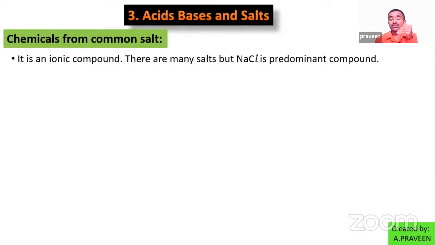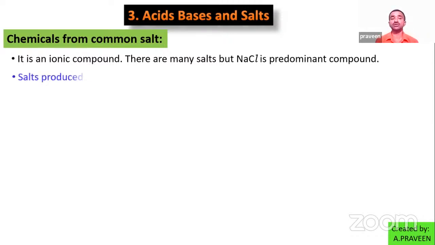There are many salts produced from the common salt, as mentioned in activity number 15: magnesium oxide, sodium oxide, sodium hydroxide, sodium sulfate. Many salts are there, but the special salt is common salt. Why is it predominant, dominating all the salts? It is used as a base source for production of many salts. So that's why it is special.